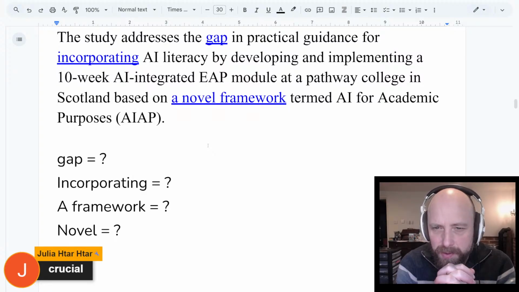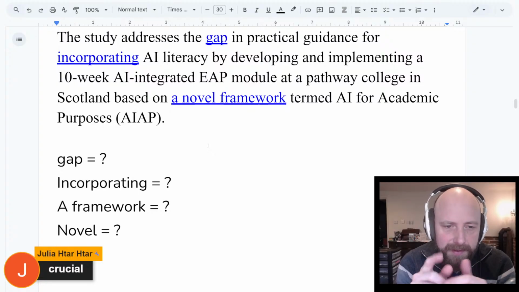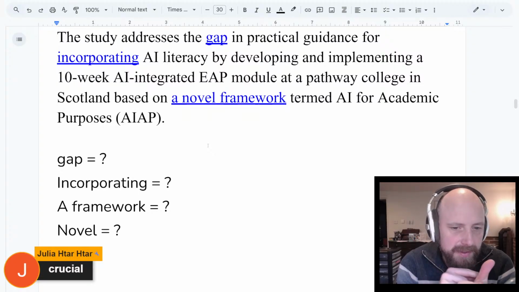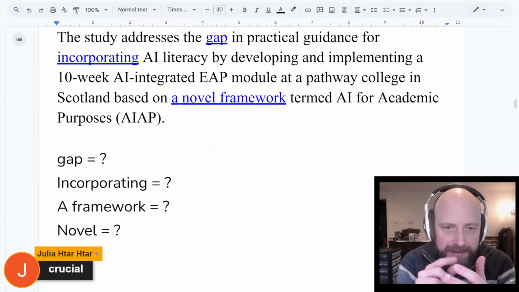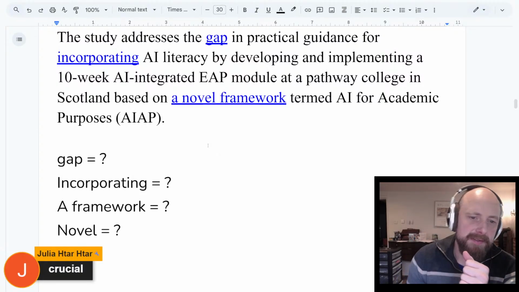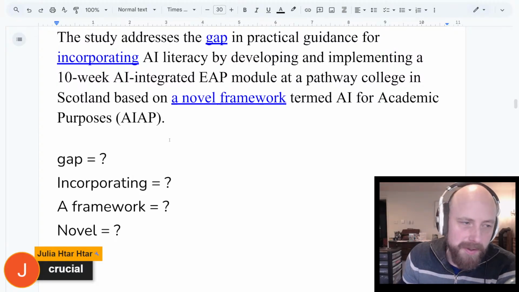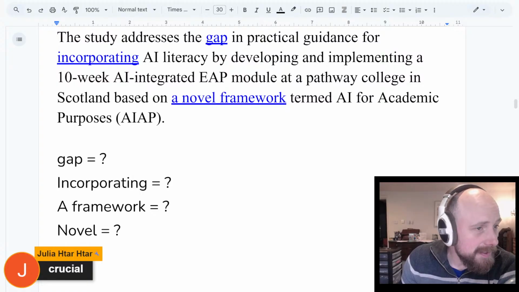So we've got a few words here that we probably want to look at. We have gap, incorporating, a framework, and novel. So what do you think those words mean in this context?